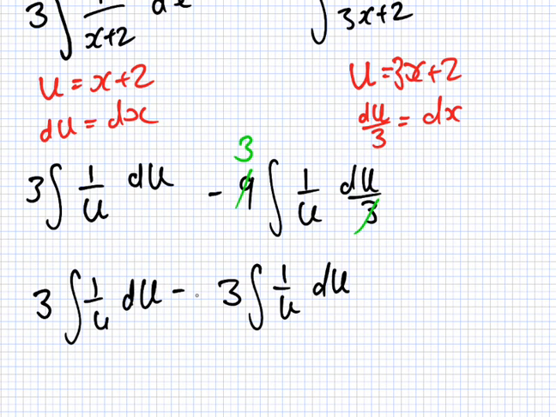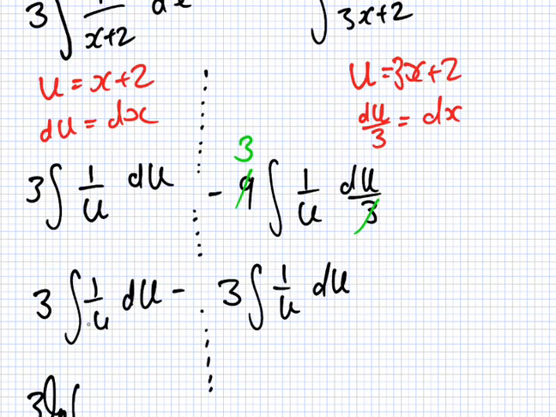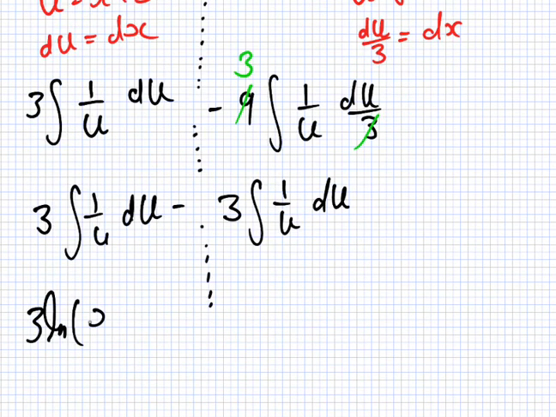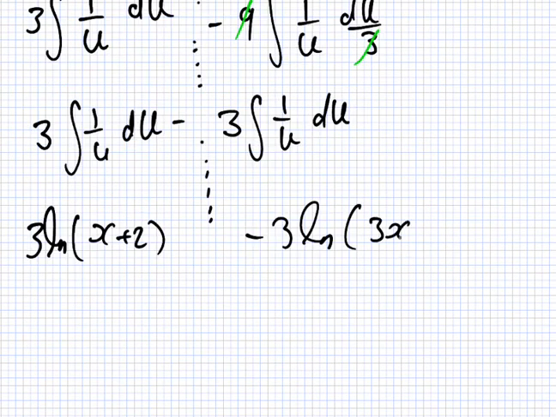I know these look like the same thing, but I'm using 2 different u's. So really on my page I should have a dotted line separating the 2 as 2 separate problems, and then we put them back together. Anyway, this here is 3 log u, and u is x plus 2. And then here this is 3 log u, but u here is 3x plus 2, plus c.